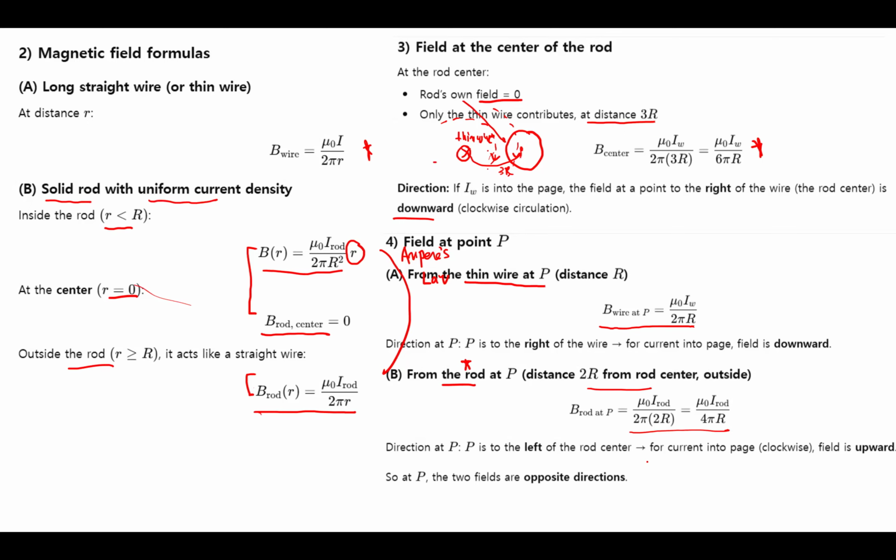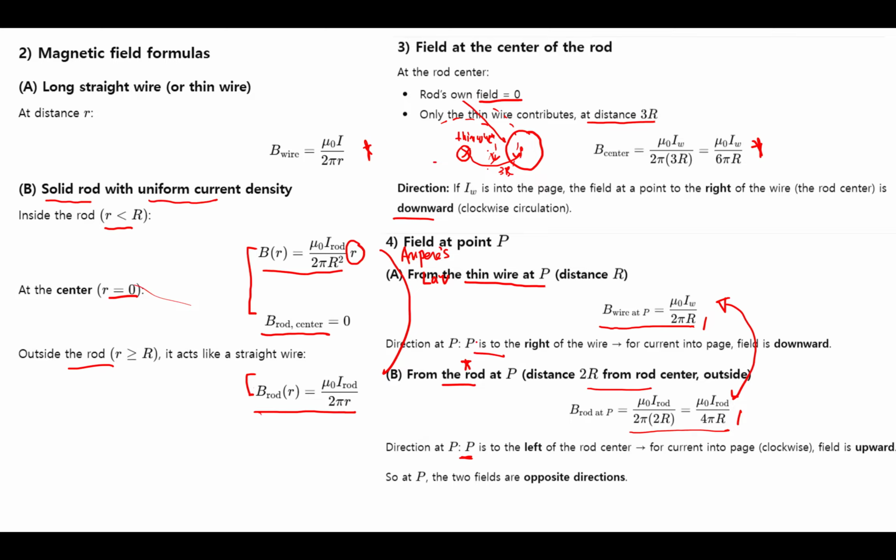Now we need to check whether the two magnetic fields are in the opposite direction or the same direction. First we figure out the formulas for the two different magnetic fields, and then because magnetic field is a vector, we need to think about whether this is going to be subtraction or addition.